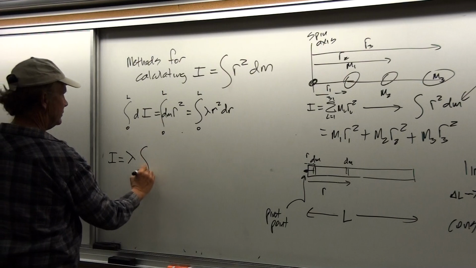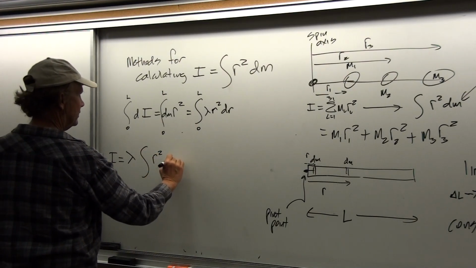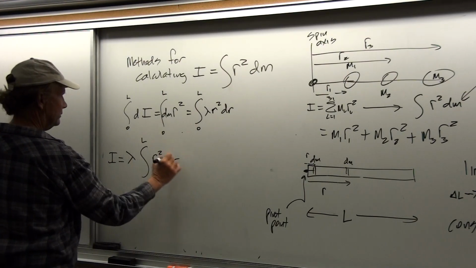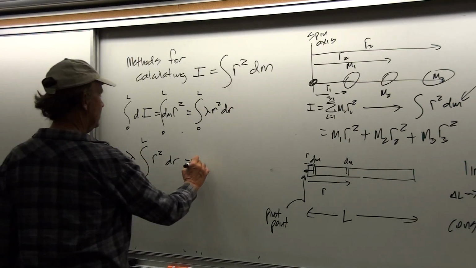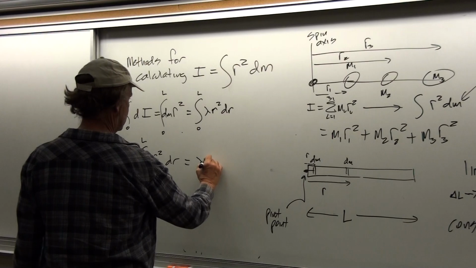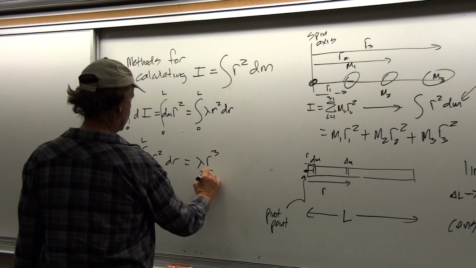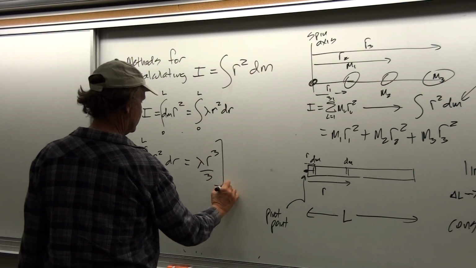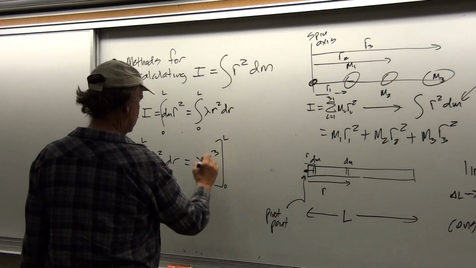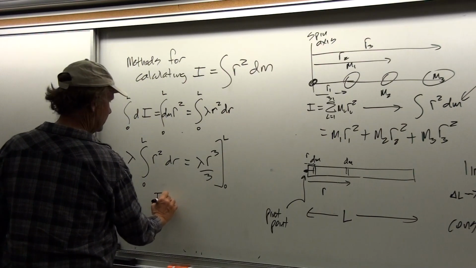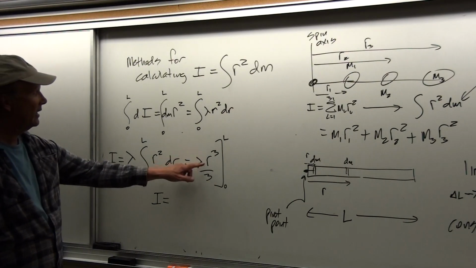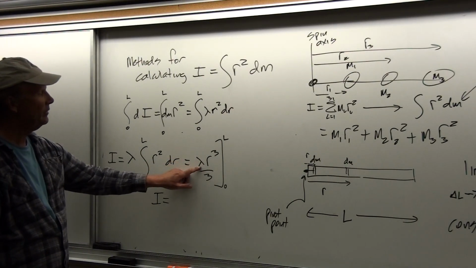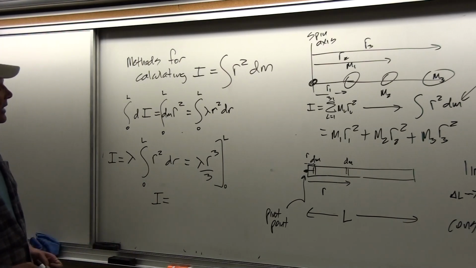So that's going to be lambda, so that's our moment of inertia. I is lambda times the integral of r squared dr from 0 to L. And so this is going to be r cubed over 3. So it's going to be lambda r cubed over 3 evaluated from 0 to L. So now, how do we translate back from lambda into factors that are relevant to the problem?